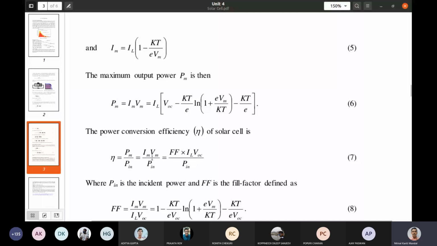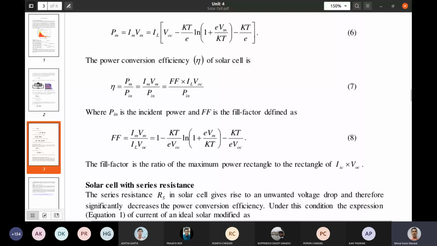Here we can define another term, FF, the fill factor. Eta equals FF into IL into VOC divided by P in, where IL is the short circuit current, the maximum current value, P in is the incident power and FF is the fill factor.